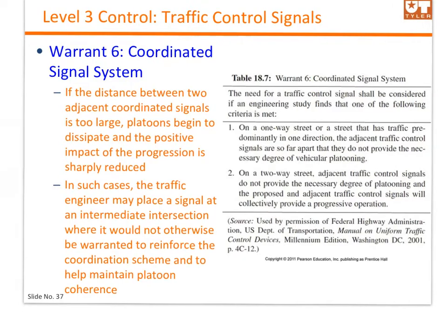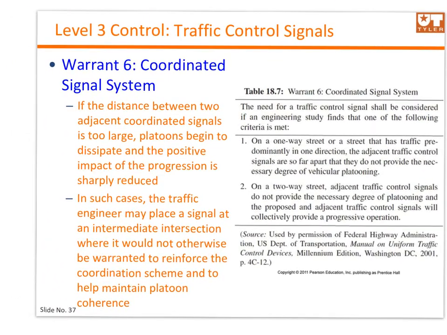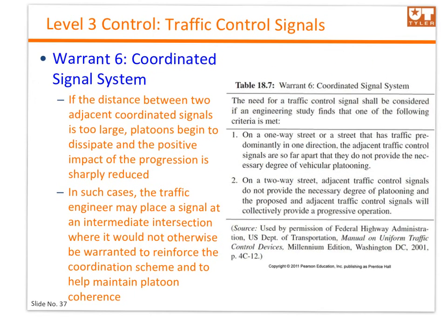We can also look at this table here, Table 18.7, which is from the MUTCD for warrant 6. Let's read it and see what it really says. The need for a traffic control signal shall be considered if an engineering study finds that one of the following criteria is met.